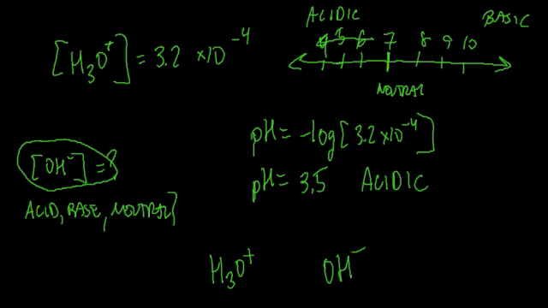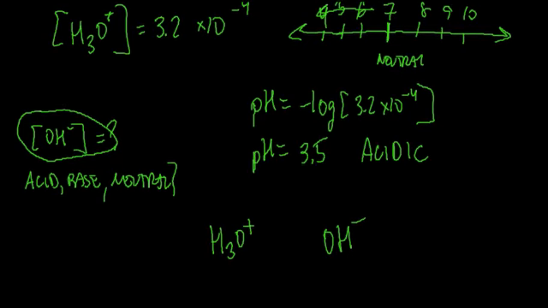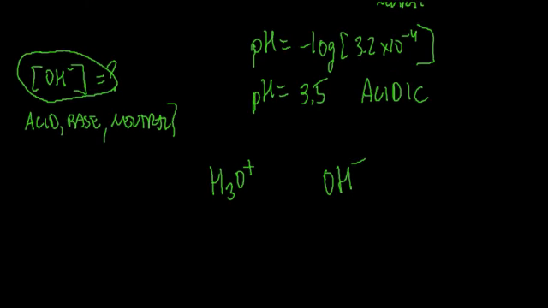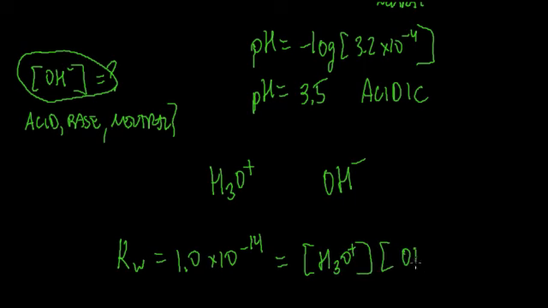And they play off each other because when one goes up, the other has to go down. There is actually a constant, a water dissociation constant called Kw. This has to be 1.0 times 10 to the minus 14th, and it equals the concentrations of both hydronium and hydroxide multiplied by one another.